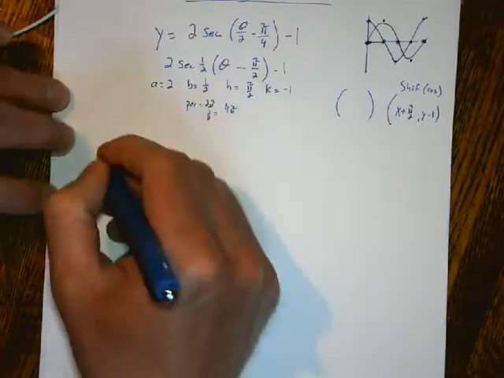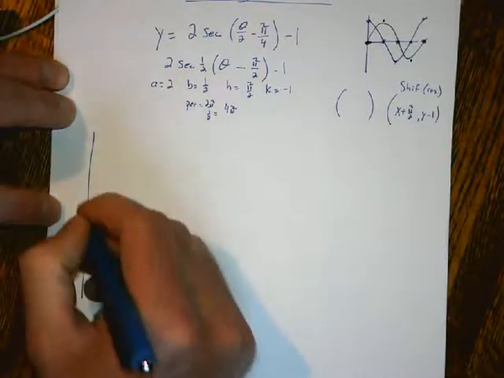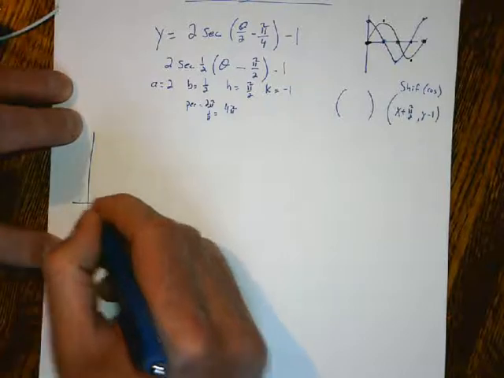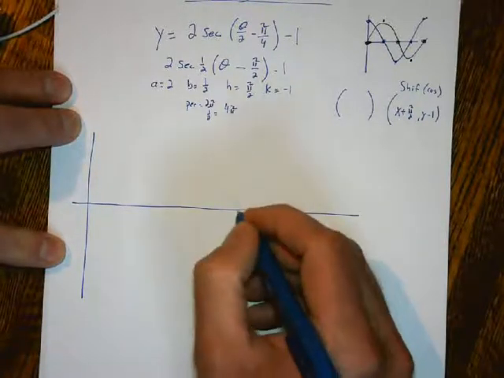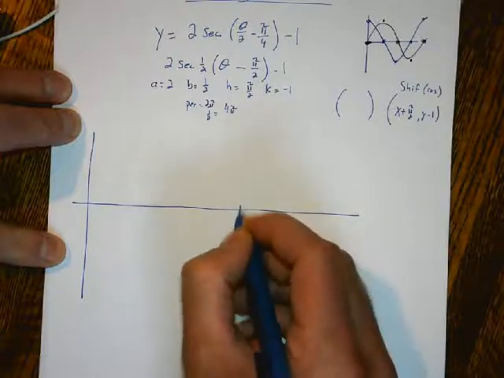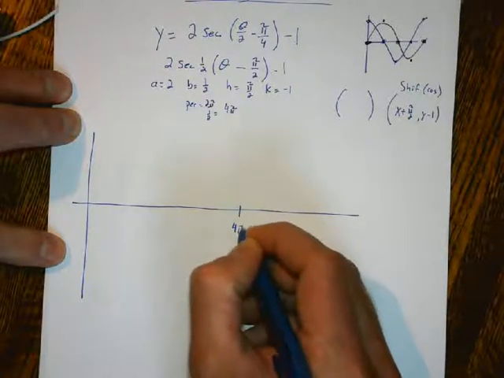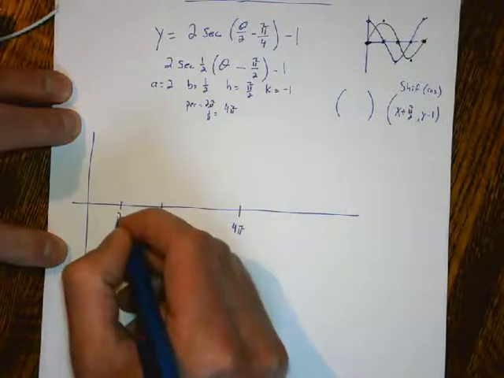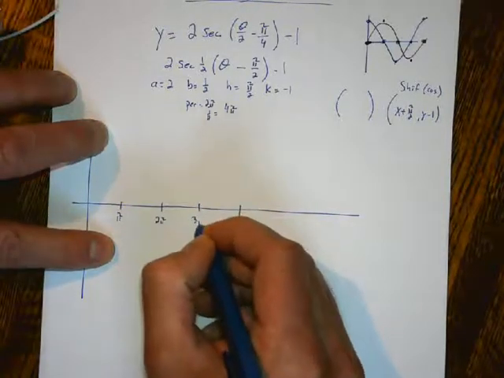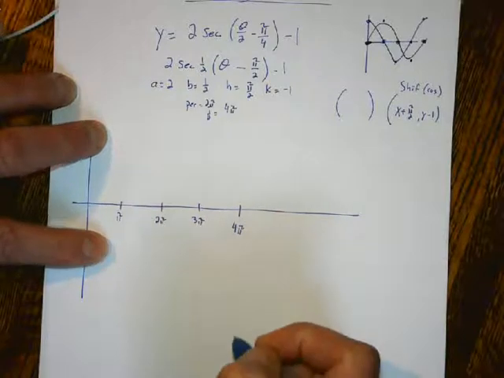All right, we'll draw our line here. Let's just place our 4 pi here. Halfway is 2 pi, halfway is pi, and then in the middle between those two will be our 3 pi. Our a value is 2.